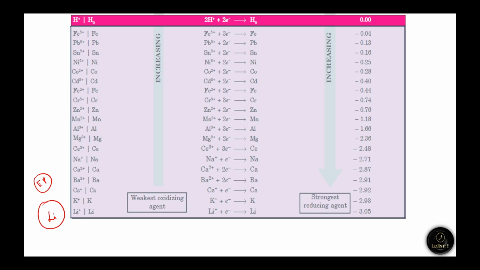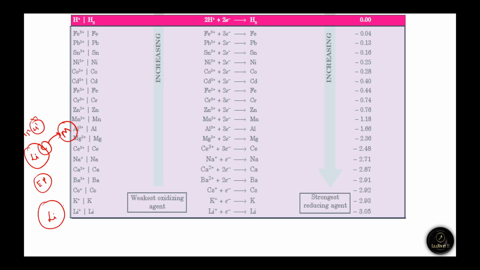But with respect to lithium, it is having one electron. It is 1s2, 2s1. It doesn't want this electron. So if it is approached by any substance or any other metal, then it forcefully gives this electron to that. So this lithium makes other substance to undergo reduction.